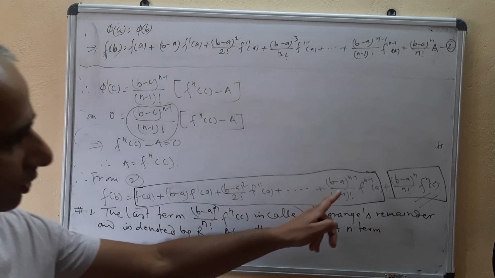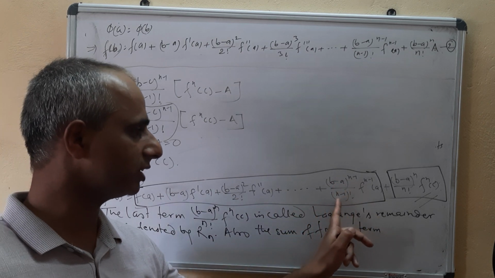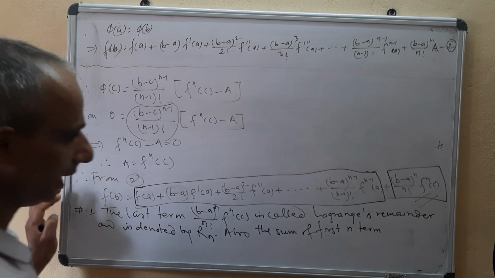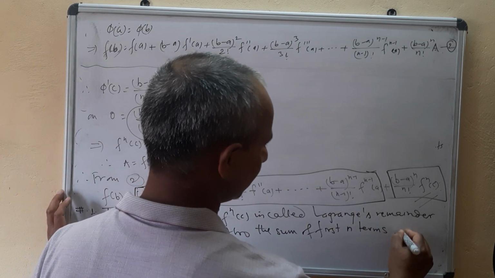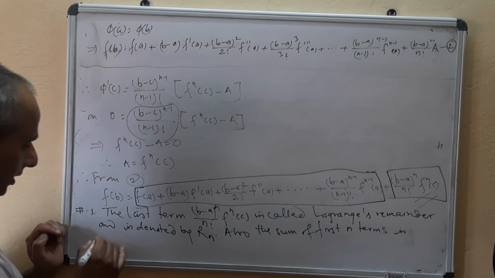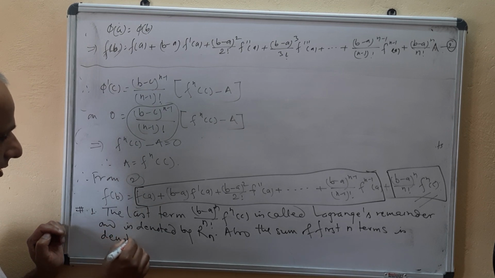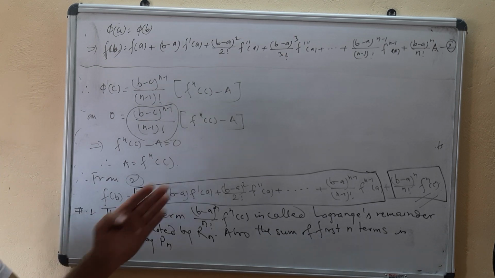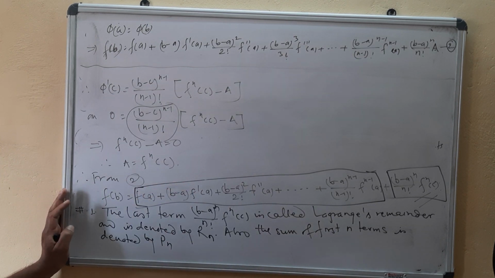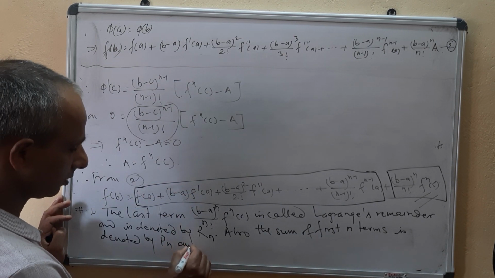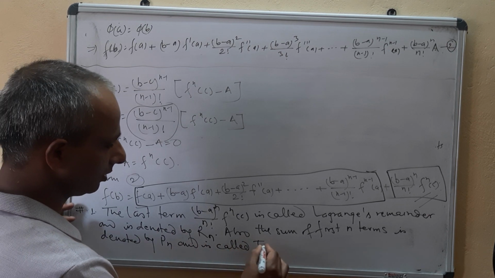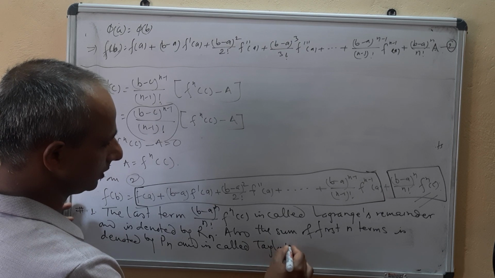That means fa to (b minus a) whole power n minus 1 upon n minus 1 factorial fn minus 1 a, n terms, is denoted by Pn, just like Rn we do, and is called Taylor's polynomial.